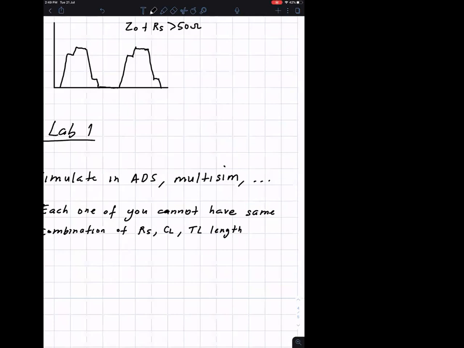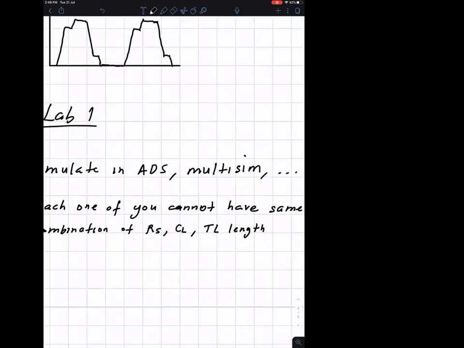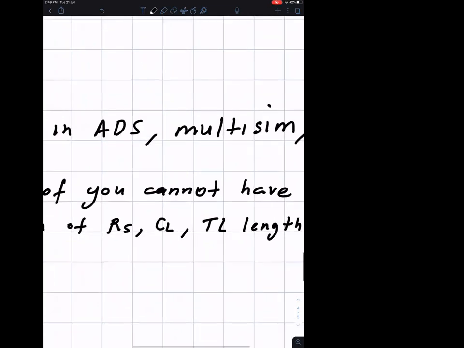Now what I'm saying is each one of you has a different combination. I'm not saying that all of them have to be different. Definitely the load capacitor can be different, or the transmission line length can be different. So you can have different combinations.